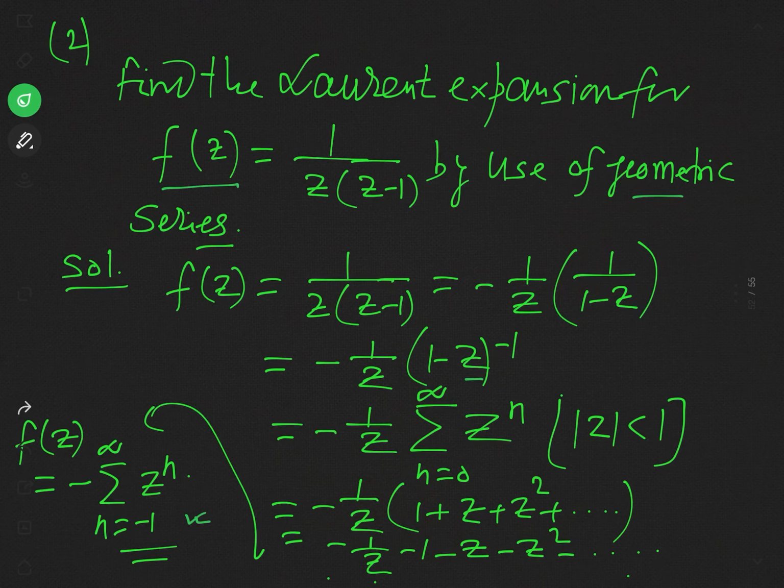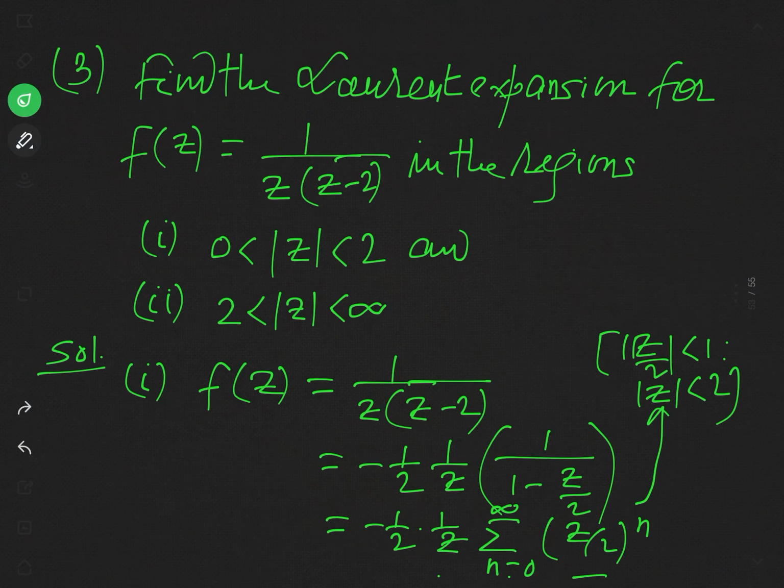So in practice, if it is not mentioned in the problem what method we have to follow, we always use the geometric series method to expand a function into Laurent expansion. Now let us see another important example to illustrate the Laurent expansion.